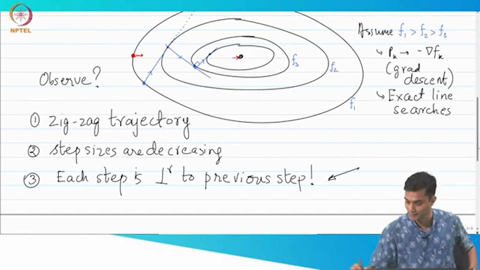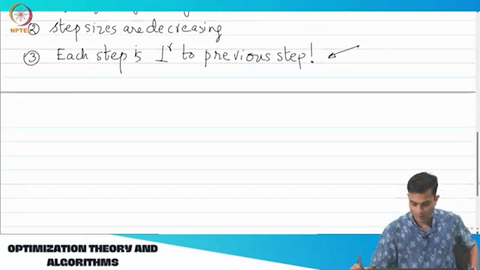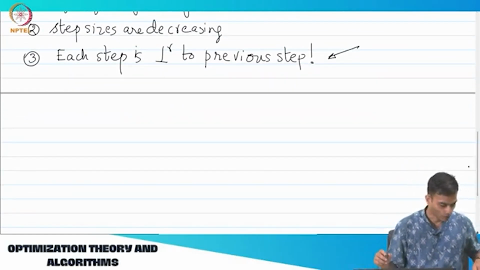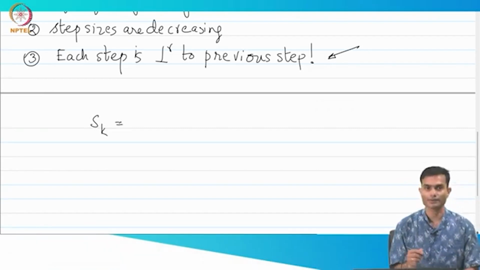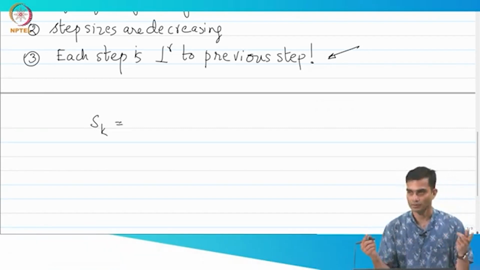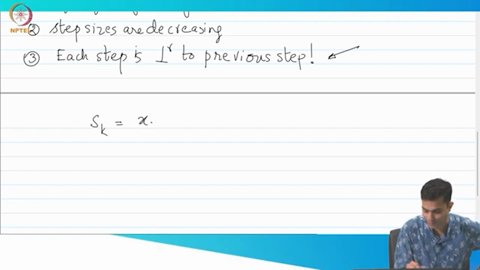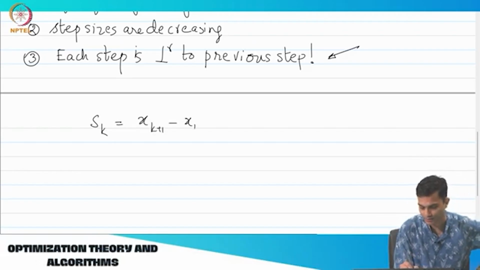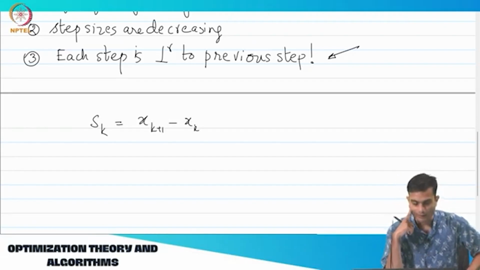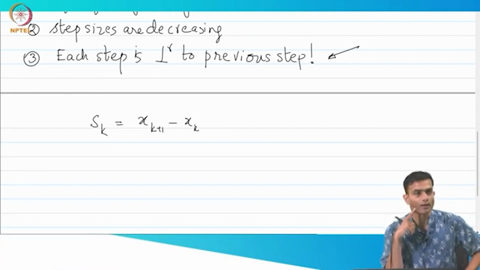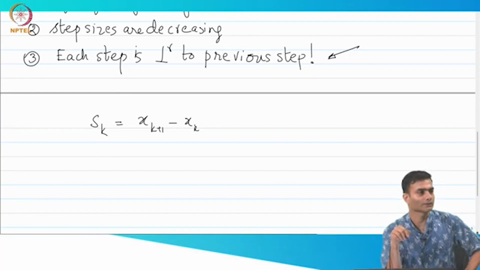Surprisingly easy proof. I am going to write a shorthand notation for the step between 2 points. Sk is what I am going to call it, which is simply this distance. Now, having written this Sk, in math, how will I write condition 3?